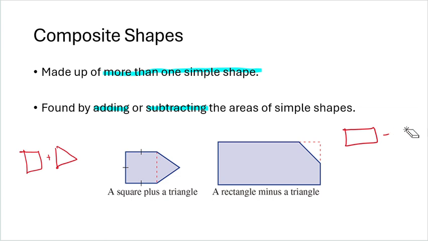Oops, I drew this wrong. So subtract that, and that's what gives me this. So it's like a big rectangle, and I break off a piece of a small triangle. That's it. And this shaded area is the area.